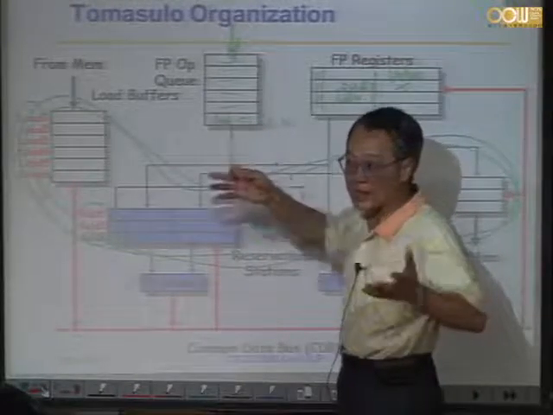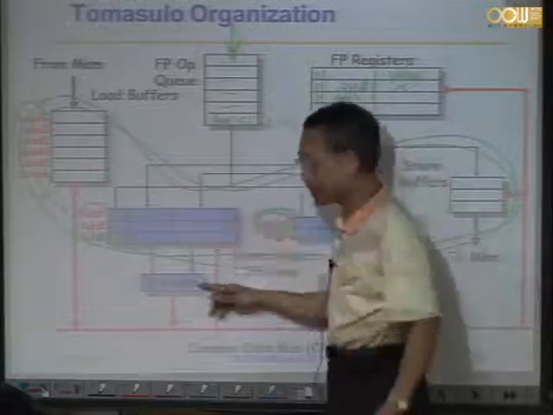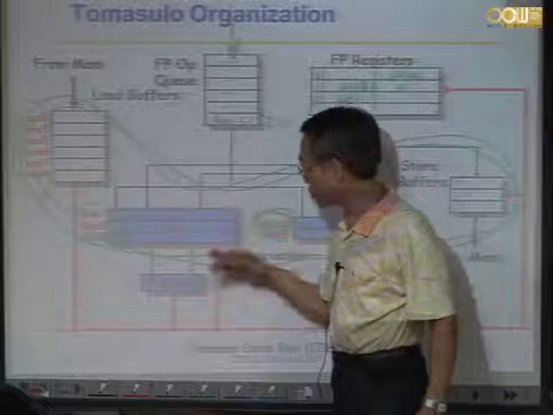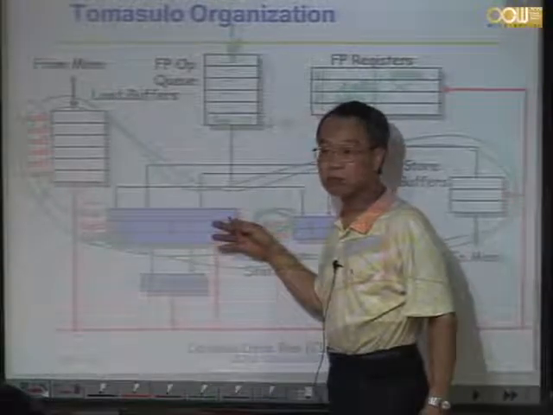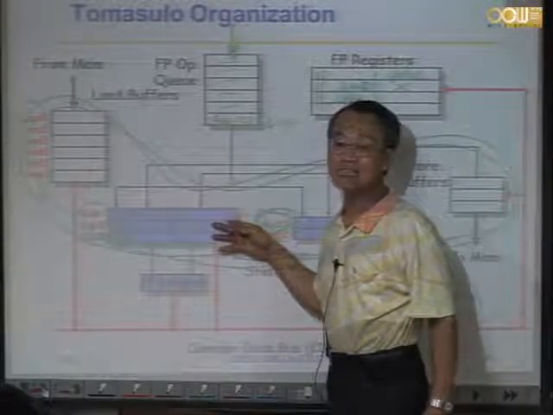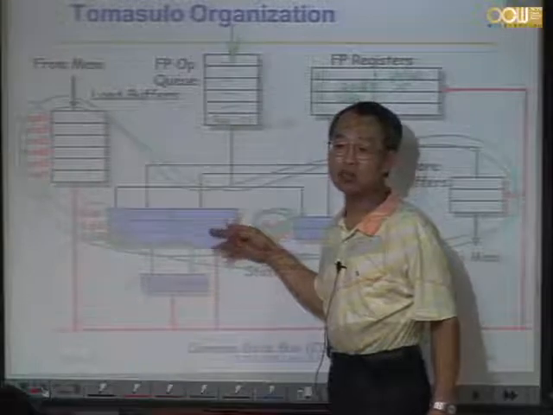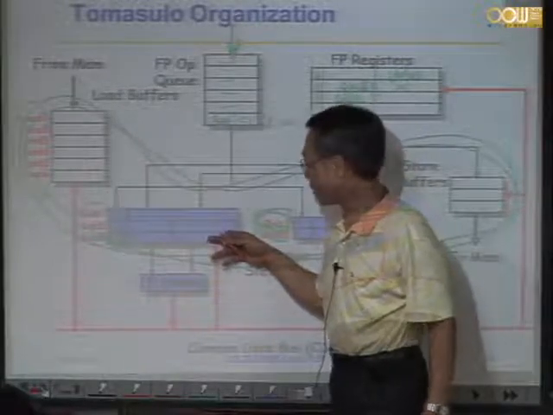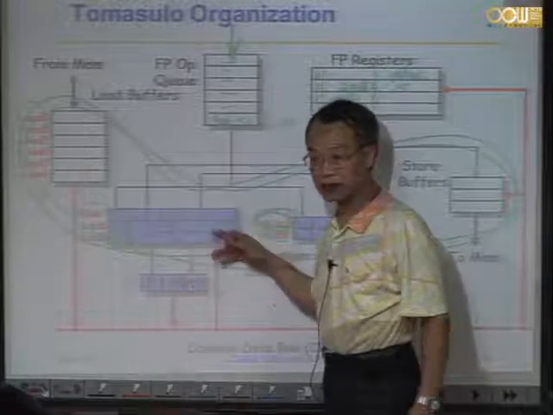Once I get all the operands I need, can I start execution? No, maybe not, because maybe two become executable at the same time. I need to arbitrate between the two. So one will go first and the other will have to wait.